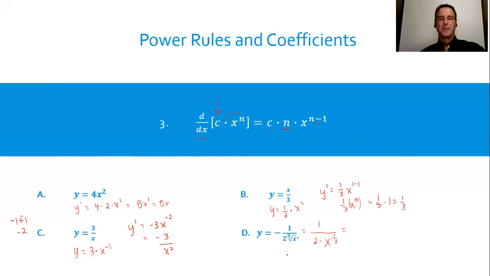All right, so that's our first step. And again, this is a negative. And then the second part is I want to move my exponent to the numerator. I can move that up to the numerator with the x, but I must change the power. And then you have a 2 on the bottom.